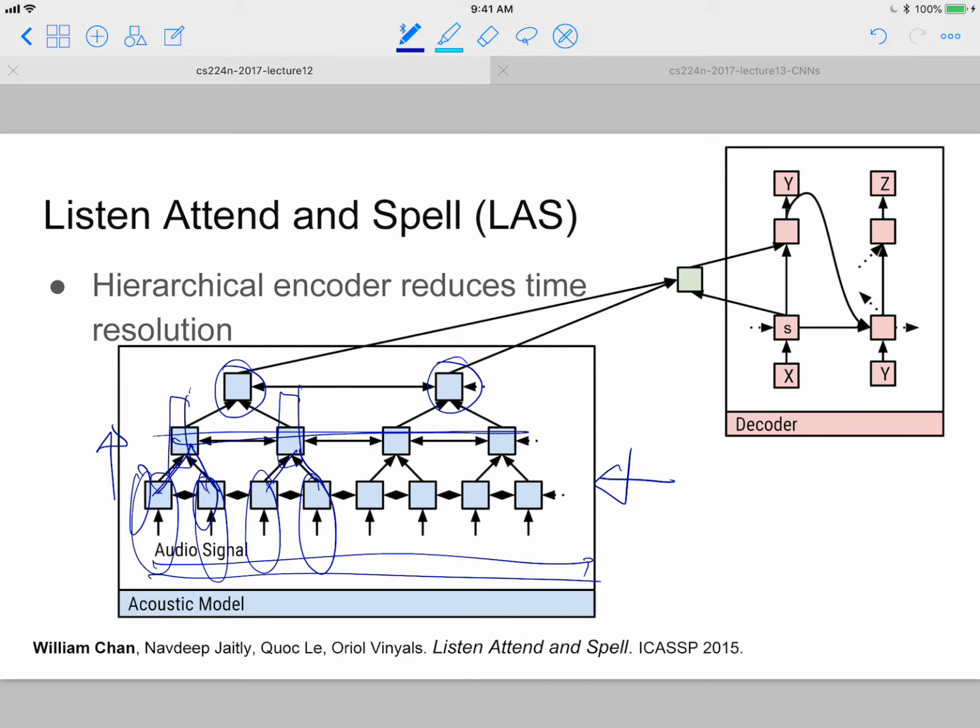That way we can reduce the signal length by half consecutively, right? If we set a certain level, this one will have a much smaller signal length, and then we perform our attention on these much smaller encoding vectors. Okay.